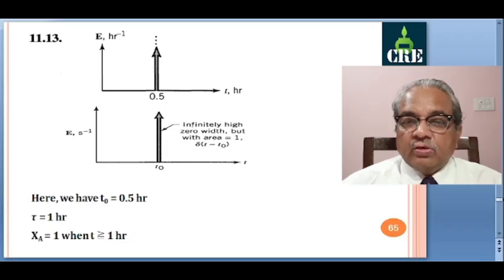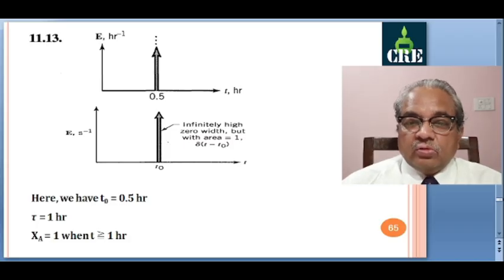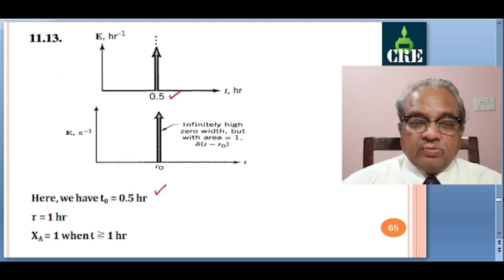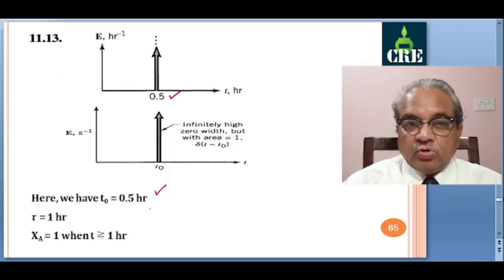Next, 11.13. So here we have a Dirac delta function. Same thing. So this is infinity, a high value, with area equal to 1. So delta of t minus t0 is defined. In our case t0 is 0.5. It is in hours. Tau is given as 1 hour. Xa is equal to 1 when t is greater than or equal to 1 hour.